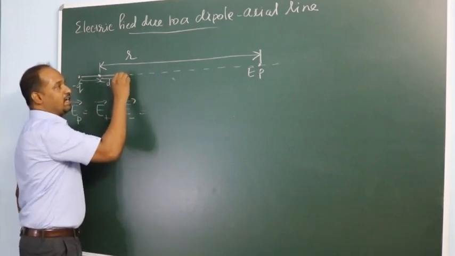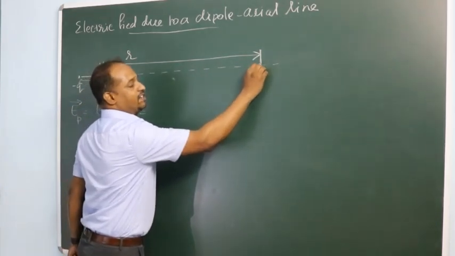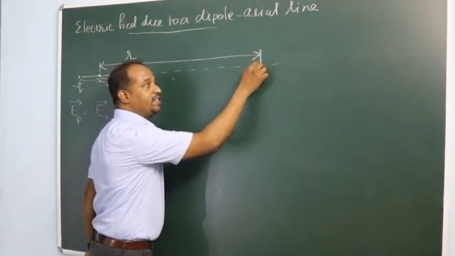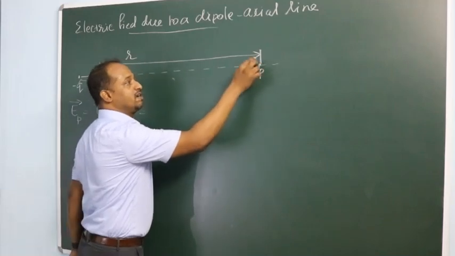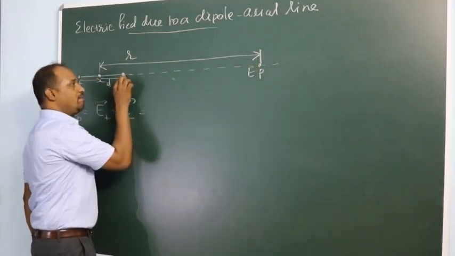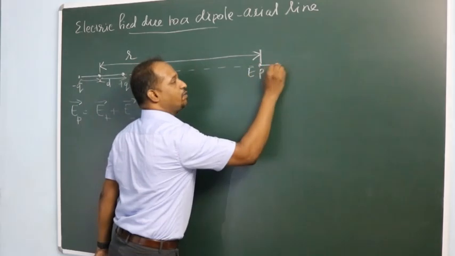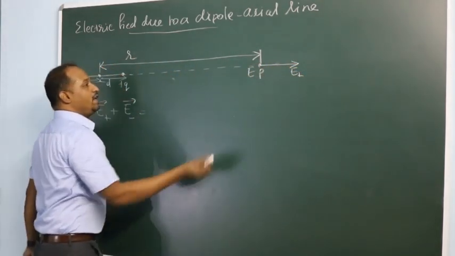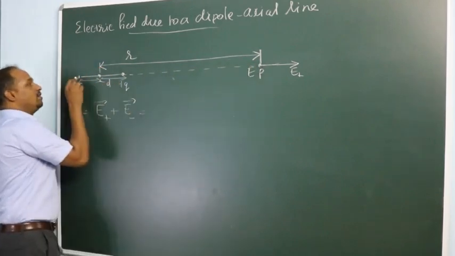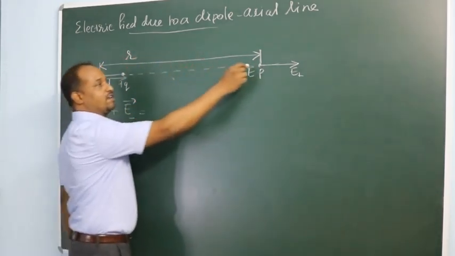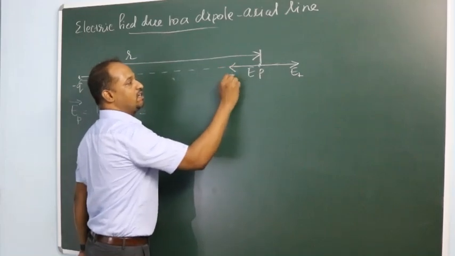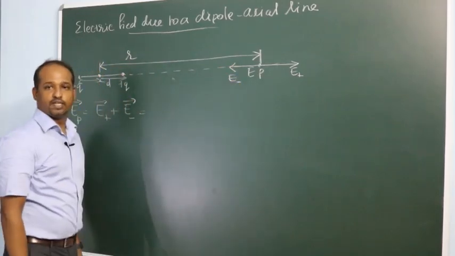You have to keep one unit positive charge at this point. It will be repelled by the positive charge, so the electric field due to the positive charge will be directed this way. But the negative charge will attract this positive charge, so the electric field due to the negative charge will be in the opposite direction.